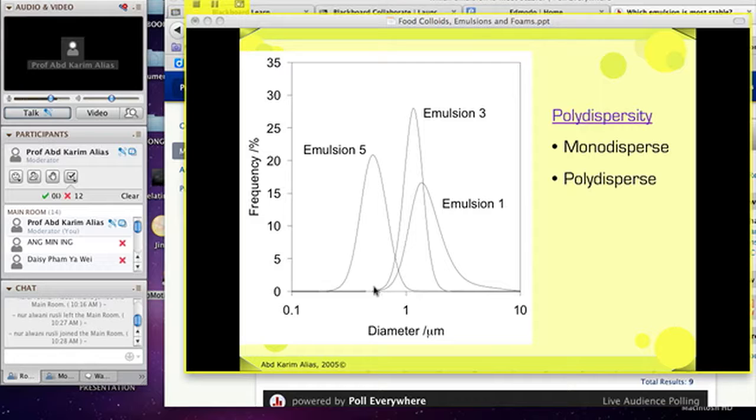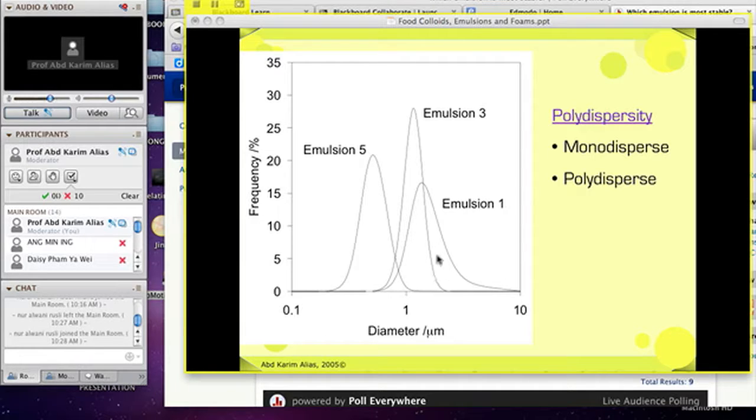If we come back after 1 hour or 2 hours, most likely, especially if the emulsion is not very stable, you will get another curve which is similar to emulsion 1. Which means it has shifted to a higher diameter because some of the droplets have merged and coalesced to form bigger droplets.